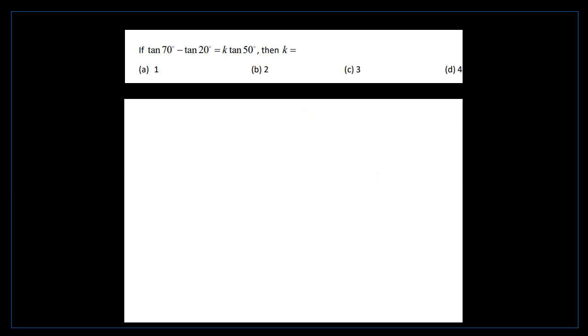We have here A plus C equals B. So we can write here tan(A plus C) equal to tan B. Now this gives us (tan A plus tan C) whole divided by (1 minus tan A tan C) equal to tan B. Now we cross multiply.